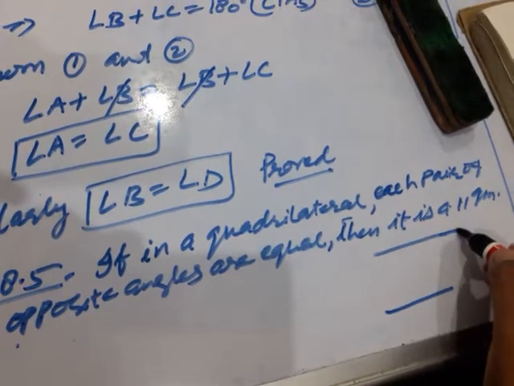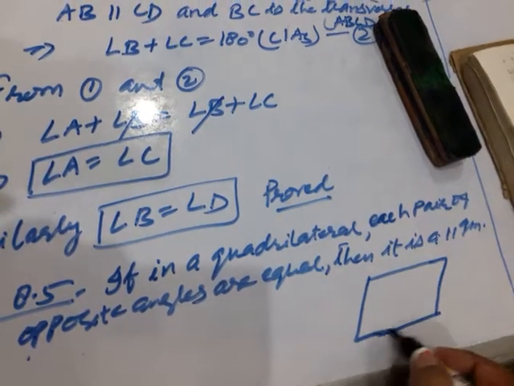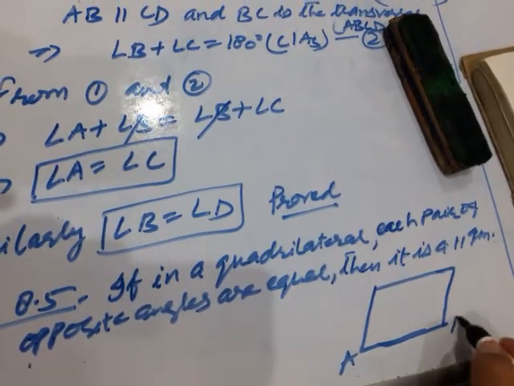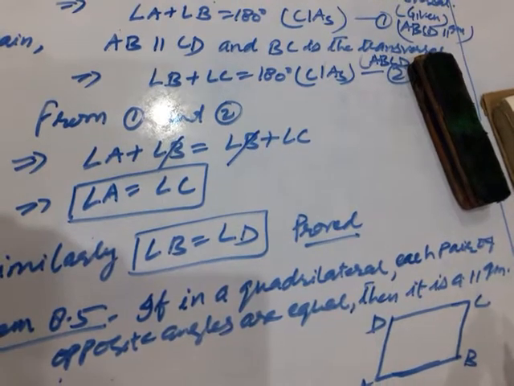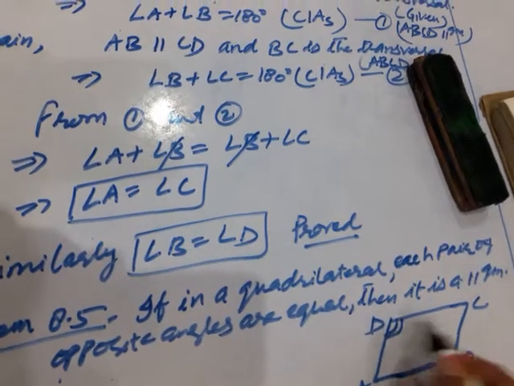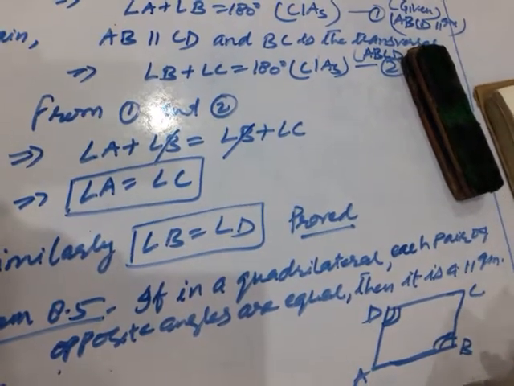Notice that here it is not given that the quadrilateral is a parallelogram. Here opposite angles are equal, means angle B is equal to angle D. This equality has been shown with similar markings.